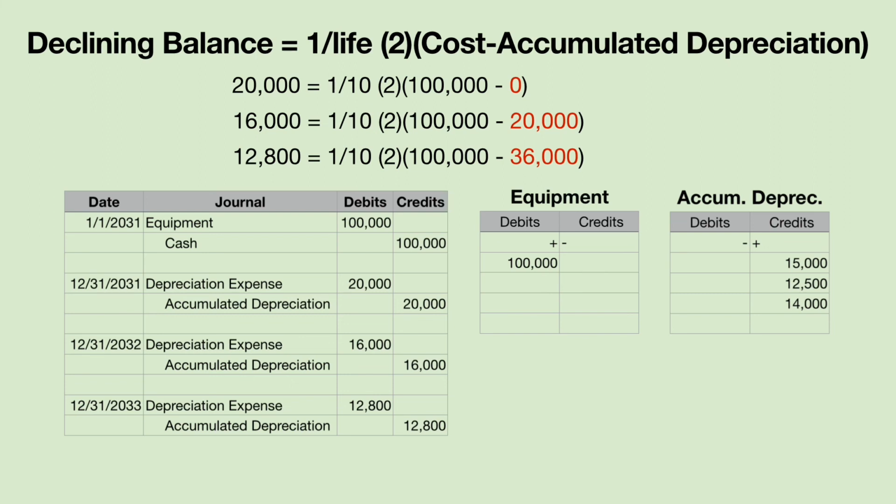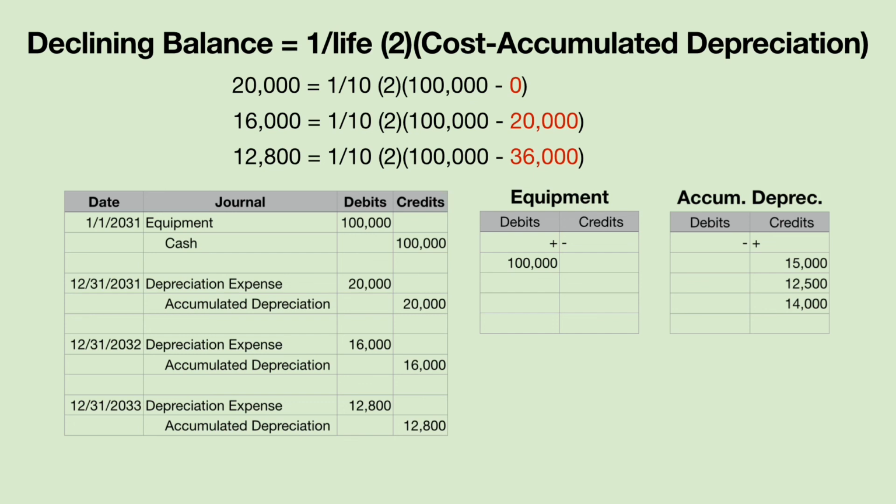That's the formula. Now let's look at these red numbers, because that's where we have to think. Everything else about these formulas is really simple. But in the first year, when we go to depreciate, there is a zero balance existing in the accumulated depreciation account. And then in the second year, we have to find the balance. The balance is the depreciation from the previous year.